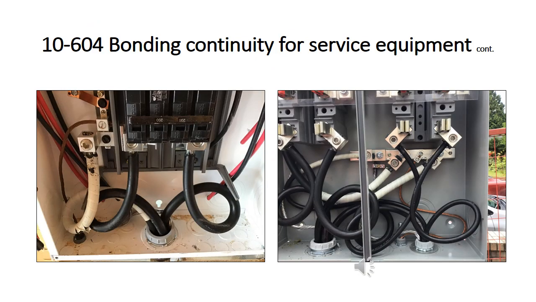10.604 Bonding Continuity for Service Equipment, continuation. 10.604 Subrule 2 is new. The bonding conductor of TEC and ACWU does not make continuous contact with the cable armor. Therefore, bonding bushings are required.